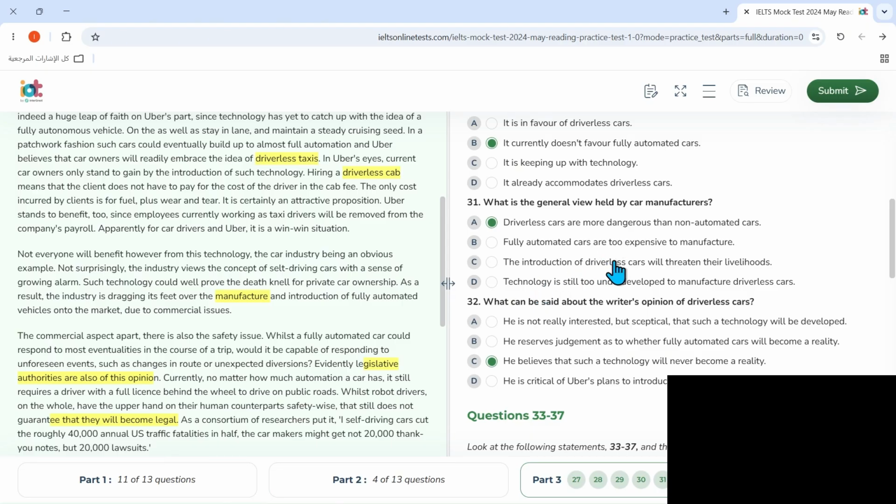Fully automated cars are too expensive to manufacture. The introduction of a driverless car will threaten their livelihood.